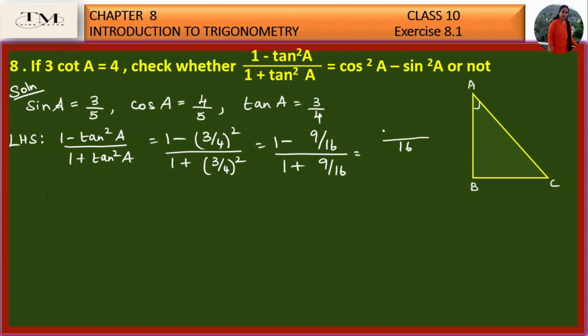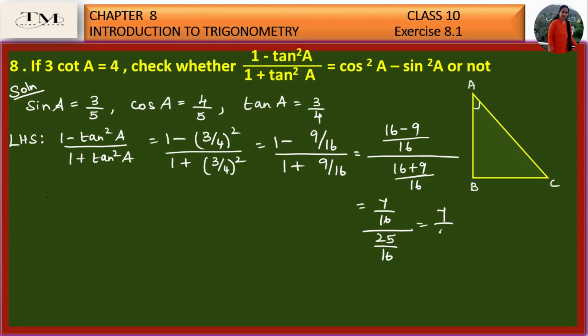Taking 16 as LCM, in the numerator we have 16 minus 9 by 16, and in the denominator 16 plus 9 by 16. So the numerator becomes 7 by 16, and the denominator becomes 25 by 16.